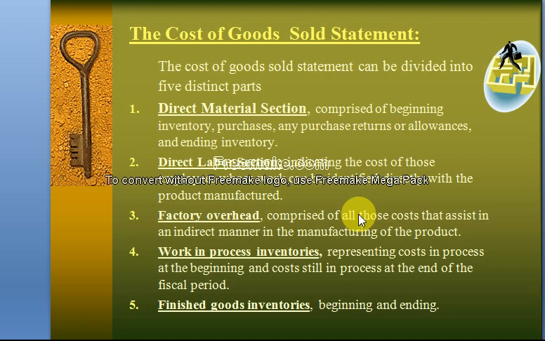The third section is factory overhead or indirect factory cost.